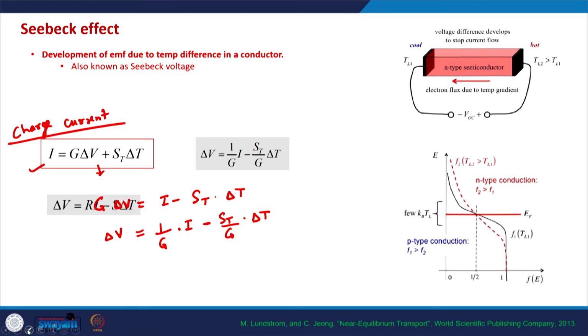So this is what we obtain, 1/G, where G is the electrical conductance, so it is R times I minus (S_T/G) times ΔT.